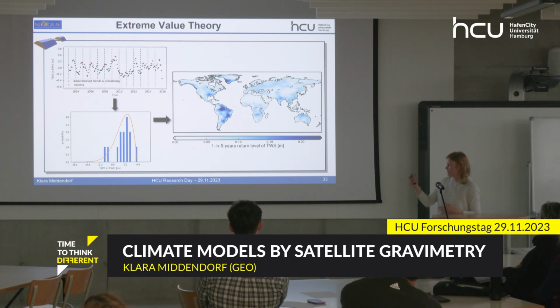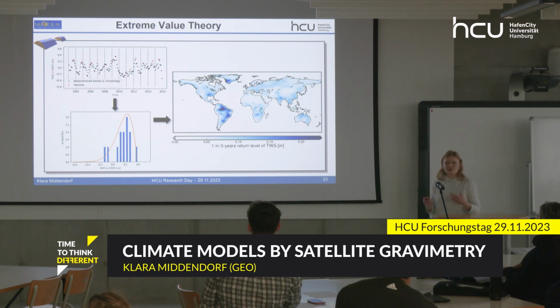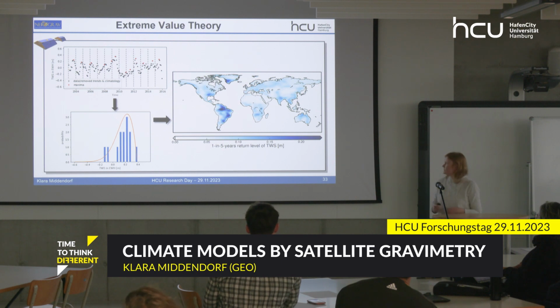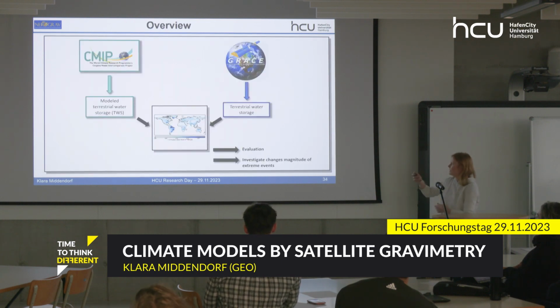With the extreme value distribution, we can calculate a quantity that gives us a measurement for the magnitude, intensity and frequency of extreme events, which we can then use to compare the data from the modeled and the observed terrestrial water storage and also see if there are changes in long-term simulations.